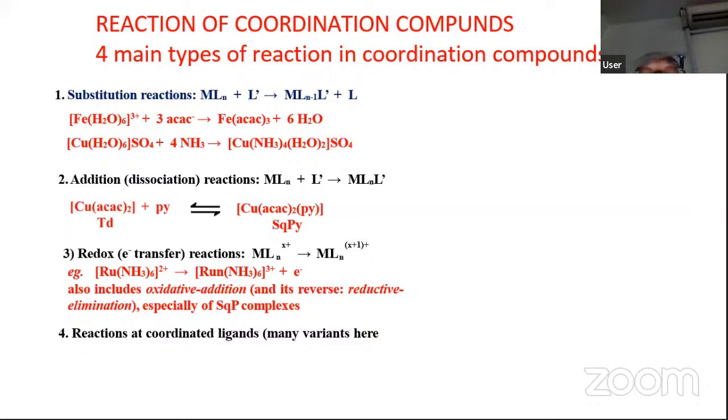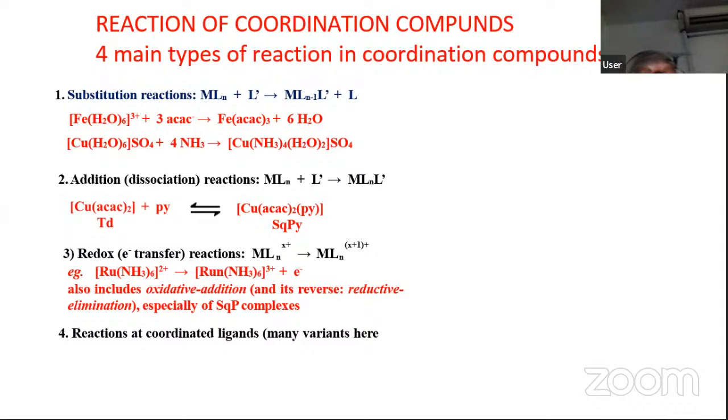So if you started with N ligands, now it becomes N plus 1. Okay, that's called addition. You can also have dissociation, the reverse of addition. For example, if you heat the complex, one of the ligands will leave the complex, so it dissociates. Okay, then you have addition and dissociation reactions.